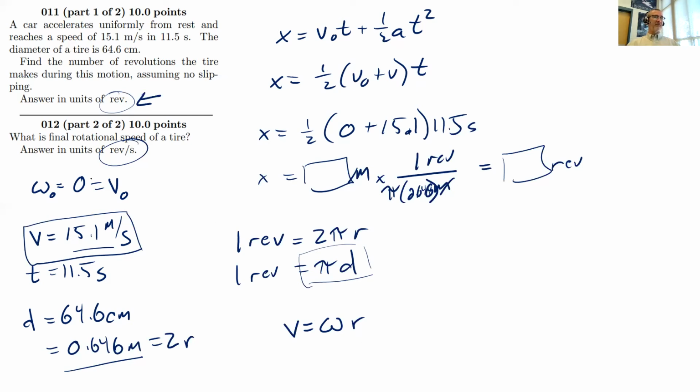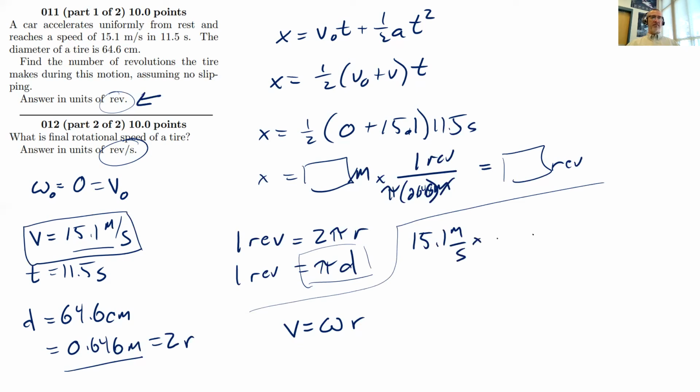But if I want my final angular velocity in revolutions per second, well, let's just do it the long way, just for practice. So here I've got 15.1 meters per second. So let's write that here. I've got 15.1 meters per second.